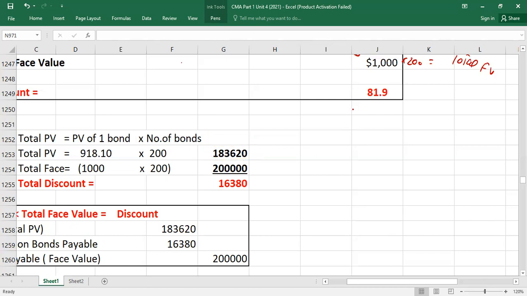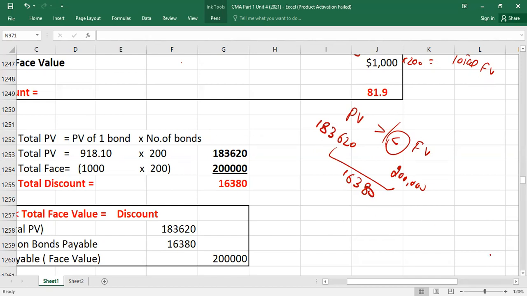Now tell me, are present values greater than or less than the face value? Present values are less than, right? Because present value is 183,620 and face value is 200,000. So the difference will be your discount, $16,380.